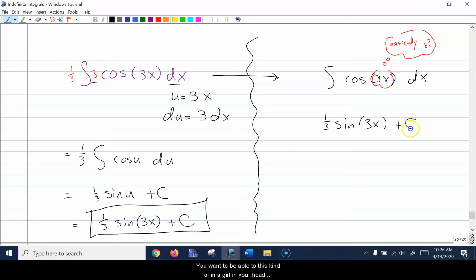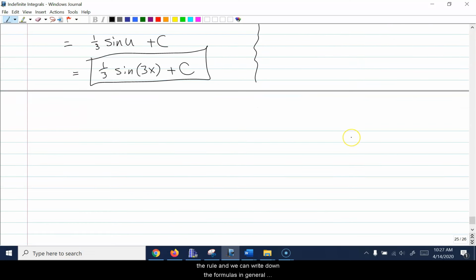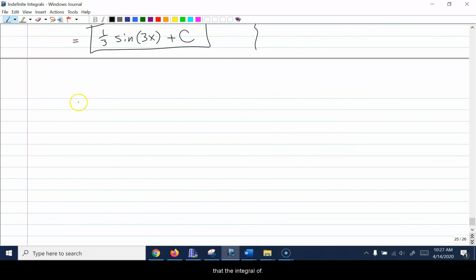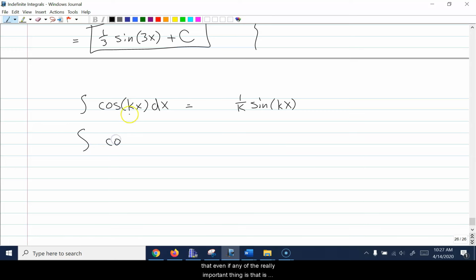You want to be able to do this kind of integral in your head, this kind of little substitution right away. And the rule, I mean, we could write down the formulas in general, that the integral of cosine kx, when you have a constant on the x inside, you get sine kx, and you need to divide by k. It's a little bit broader than that even. The really important thing is that the derivative was a constant.